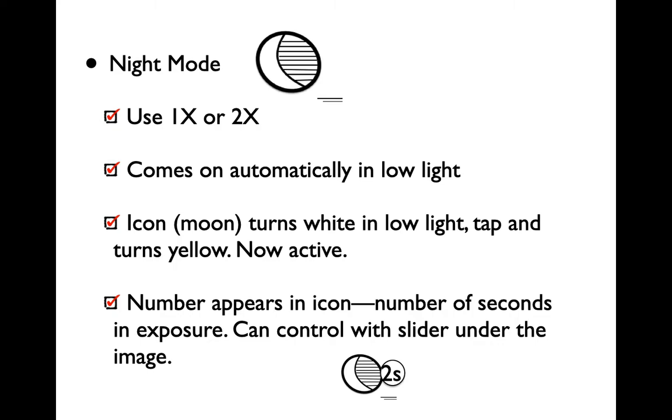And so you just need to be aware of that and know that you have to hold that camera, that iPhone, that iPad steady for a little longer than you would with a regular picture. And the number next to it, or under it, you can control how long you want that exposure to last. So again, something to play around with if you have an 11.